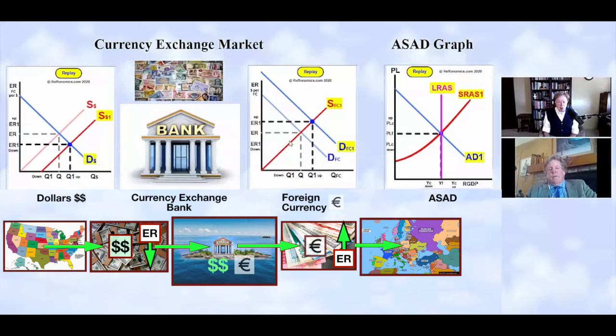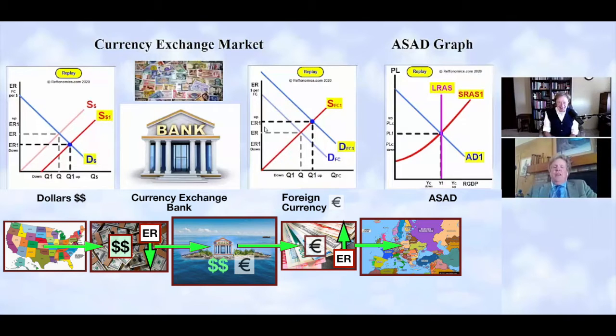The dollars in the currency market bought up euros, which increased the demand for euros in that currency market. And that caused the euro to appreciate relative to the dollar. I like the way you pronounce that, appreciate. Yes, as in appreciate. Oh, that's a good one.